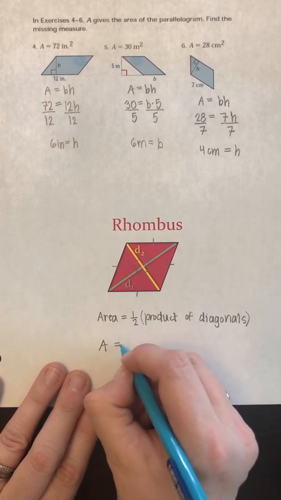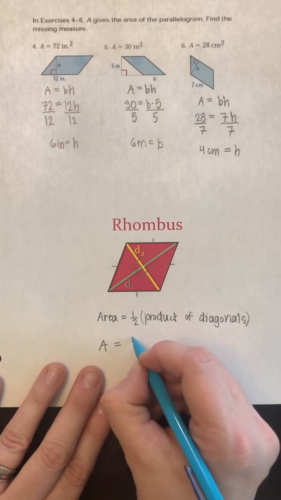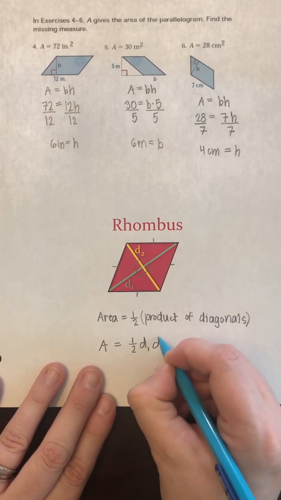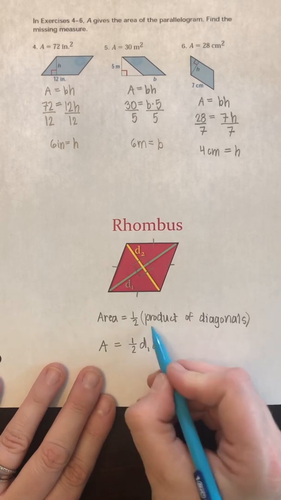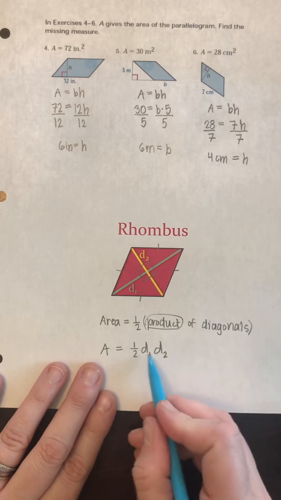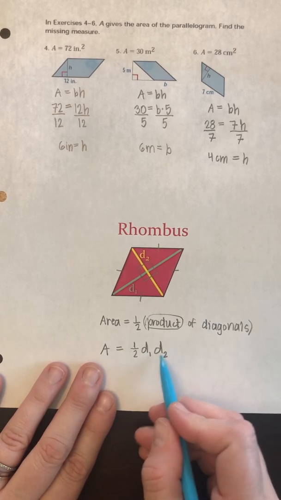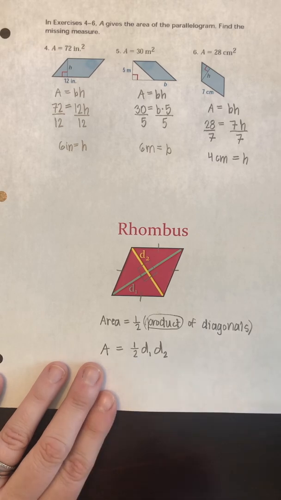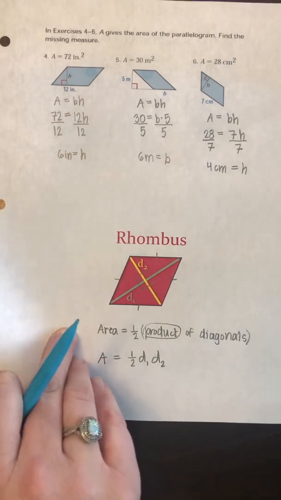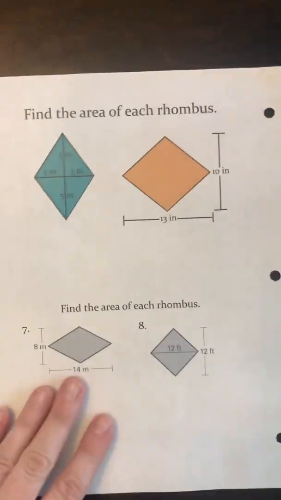So I'm going to abbreviate this and write area equals 1/2 times D1 times D2. Remember, product means multiplication, so I'm multiplying those 2 diagonals, diagonal number 1 and diagonal number 2, and then whatever we get, we're going to chop that in half. So pretty easy formula. We need to know the 2 diagonals in order to find out that area.